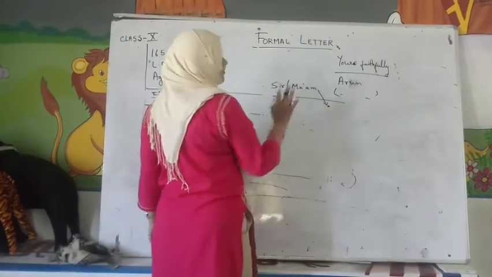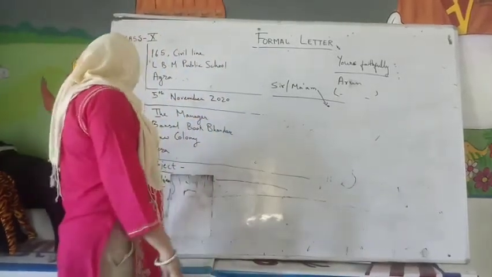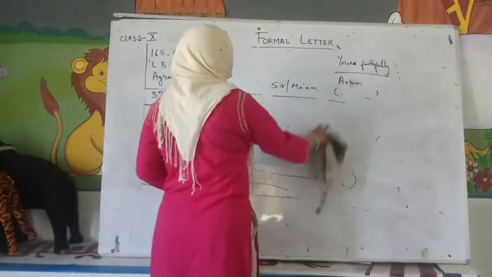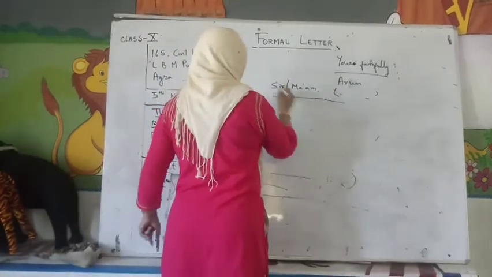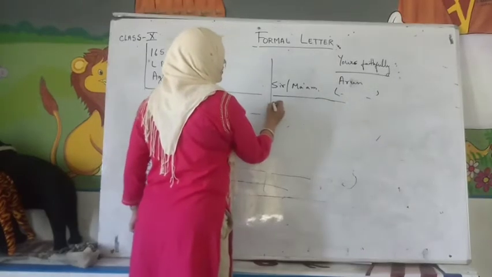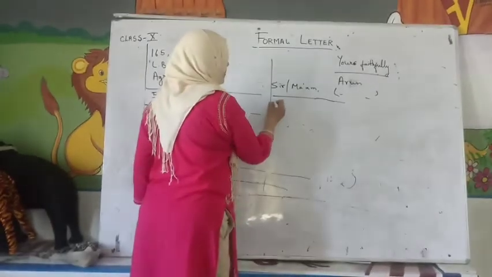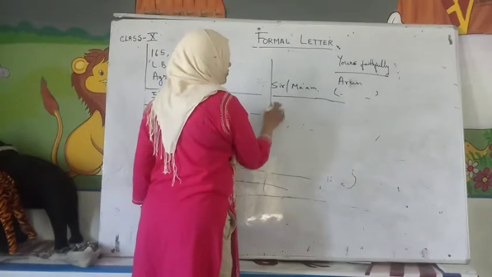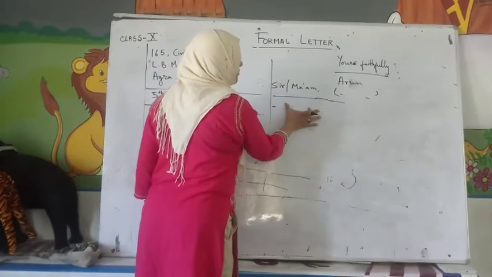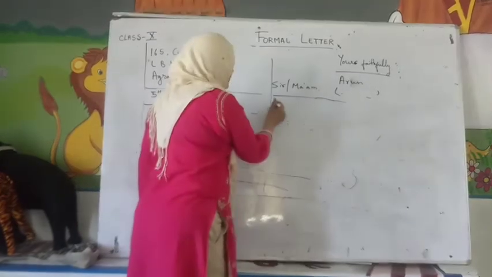No, wrong. Marks will be cut. This way it is the old format. I told you everything should be in one line. So when you leave a line, your letter should start from under this only, sir, in one line. Nobody will write from here. Nobody will leave this space. You will start from here.